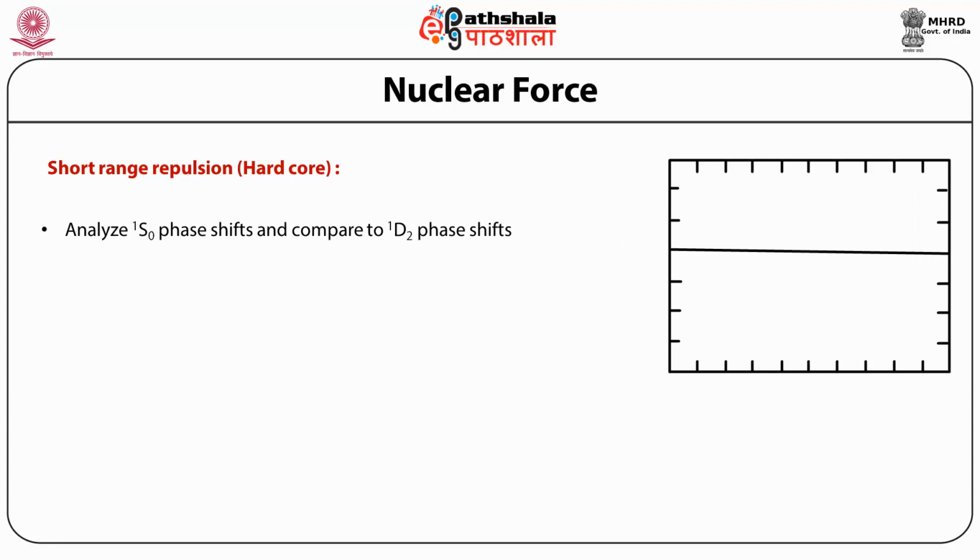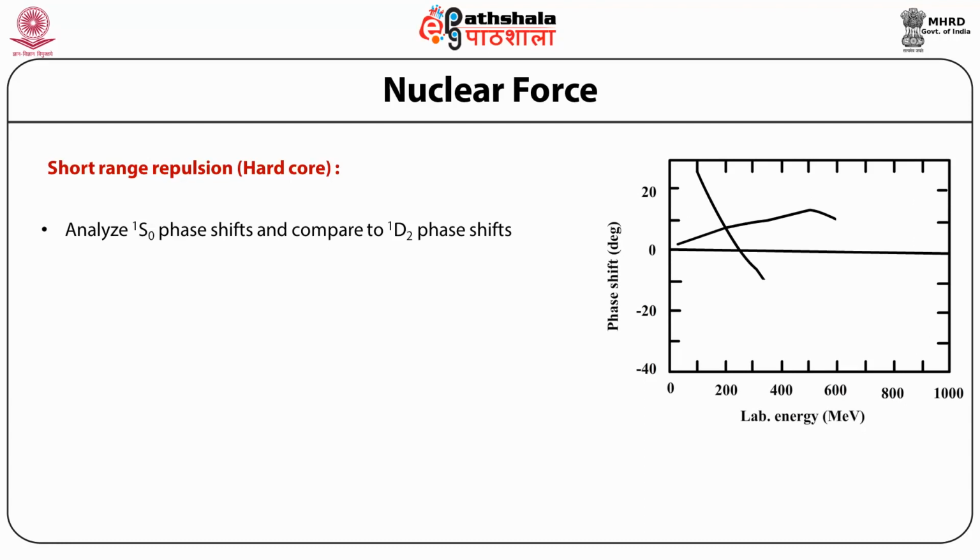As we know, the deuteron in its ground state has components from the L equal to 0 wave as well as the L equal to 2 wave, that is, S wave and D wave. So if we plot the phase shift for deuteron as a function of lab energy, we see they have different natures. For L equal to 2, the phase shift is positive, whereas for L equal to 0, the phase shift is negative after a certain energy.